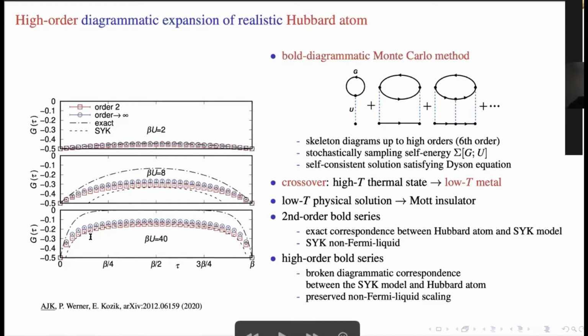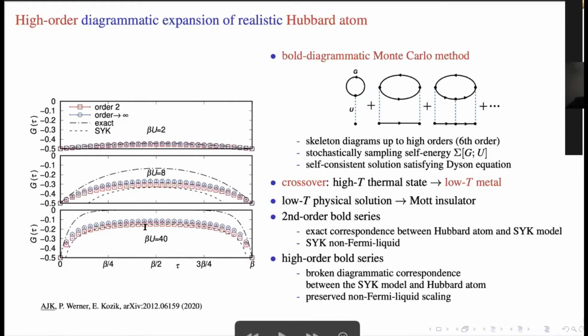And you can see at the second-order Bold series, the nice agreement between the analytic SYK non-Fermi liquid solution and our second-order solution, due to the exact diagrammatic correspondence. And an interesting point is that in the high orders, when this exact diagrammatic correspondence is broken, the solution still shows non-Fermi liquid behavior, like the blue dots here.